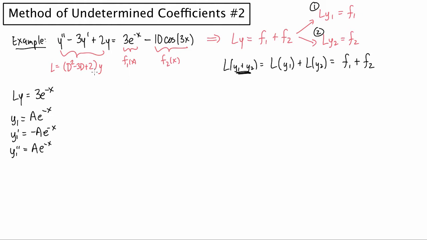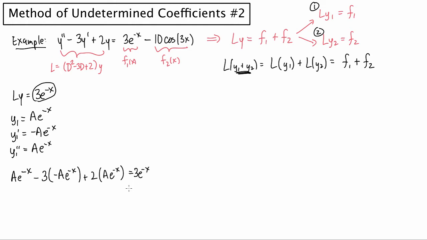If I then plug those into the differential equation, y double prime is a e to the negative x, minus 3 times y prime, plus 2 times y. And all of this will equal f1, I want it to equal 3e to the negative x in this case.